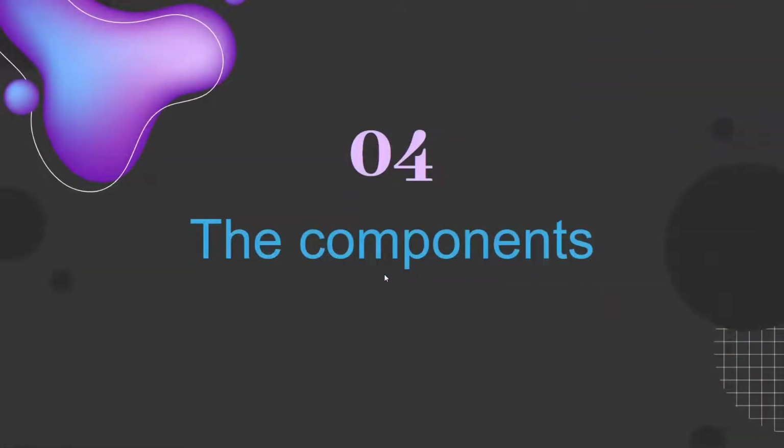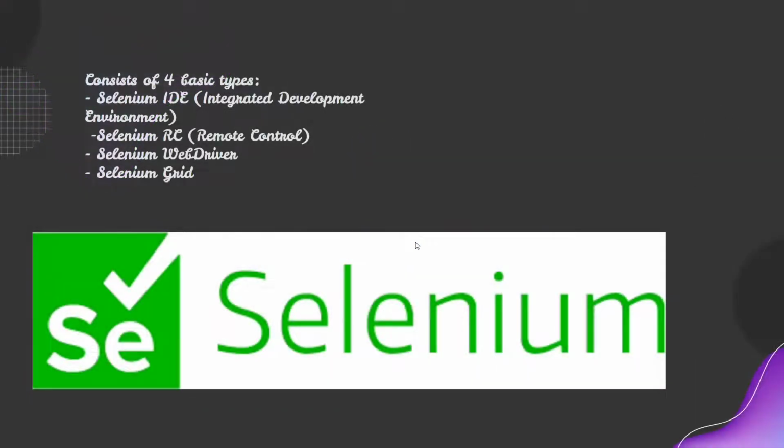Now we go over the components. The Selenium kit consists of four basic types: the Selenium IDE (Integrated Development Environment), Selenium RC (Remote Control), Selenium WebDriver, and Selenium Grid. Now I'll go over each one of them.